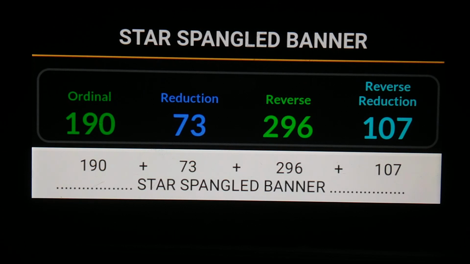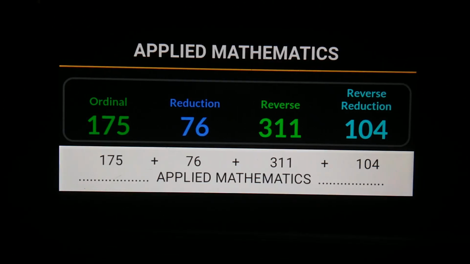And I was showing him how these ciphers work, and he said, "What happens if you add all the ciphers together?" And I said, "Well, I don't think that's how it works, but let's give it a try." And lo and behold, Star-Spangled Banner, add up the values, 190 plus 73 plus 296 plus 107 gets you 666. And like I said, there's another cipher not shown here where Star-Spangled Banner actually equals 666.